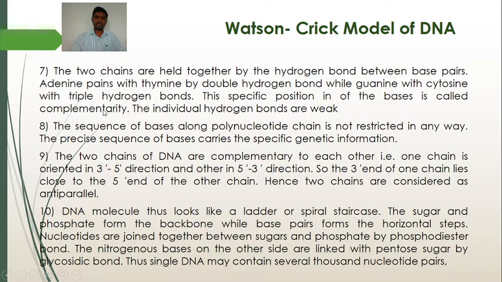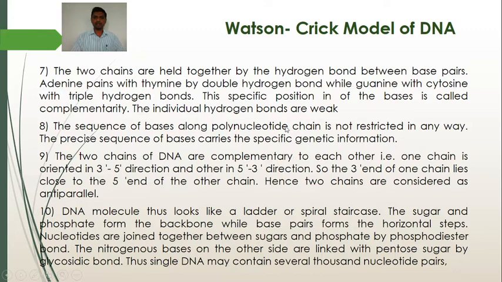So the two strands of the DNA are complementary to each other. Suppose one strand possesses adenine, its opposite strand should have thymine. If one strand possesses guanine, its opposite strand consists of cytosine and vice versa. This base pairing is called complementary base pairing.